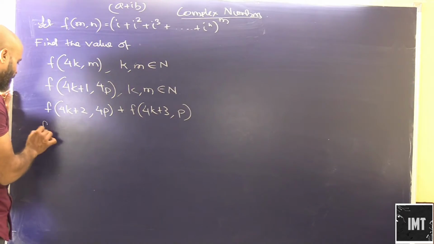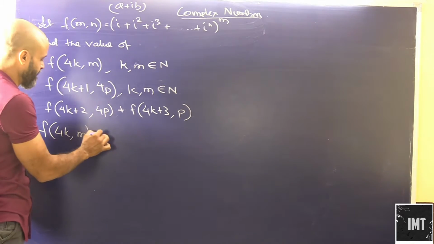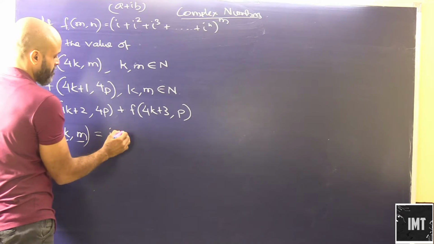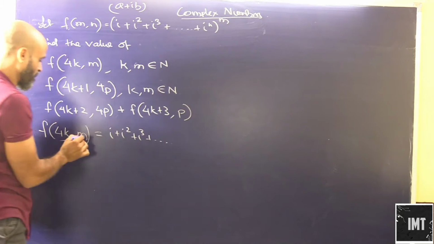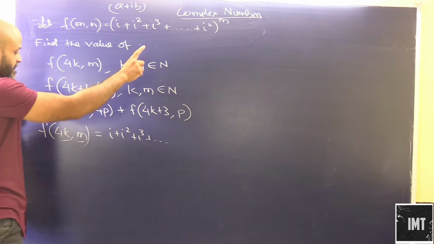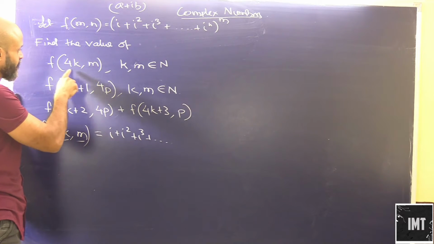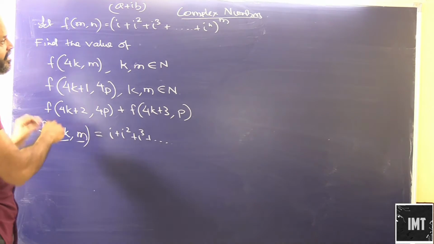If I say f(4k, m), it means putting the values of m and n here. So this will mean i plus i square plus i cube, it goes on till the power of n, which is basically 4k. Are we on the correct page?